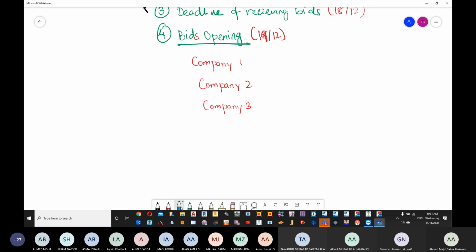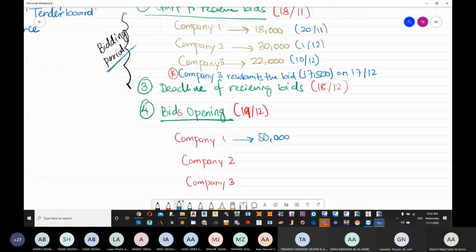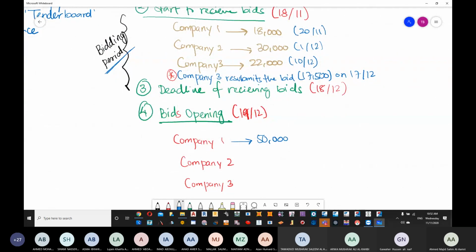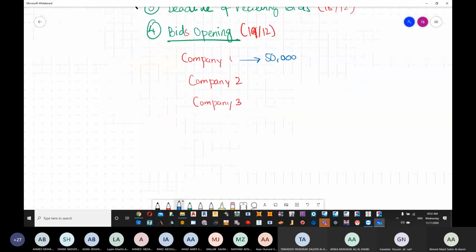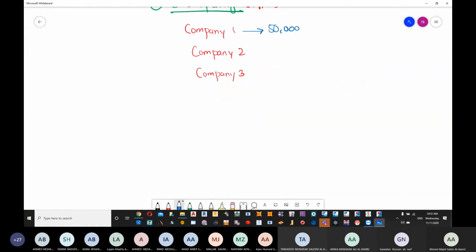Let's say that company number 1 has bid 50,000. I just gave you the example of resubmission, so you will understand whether resubmission is allowed within the period or not. Now I'm going to give you another example where it will explain another point. So company number 2 has bid, for example, 15,000. Company number 3 has bid, for example, 55,000.